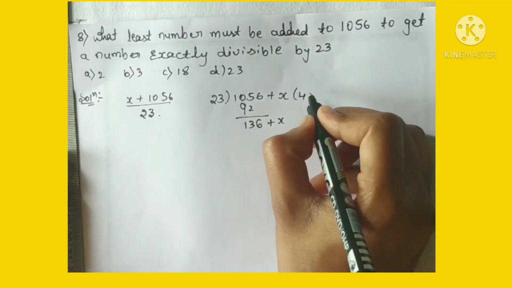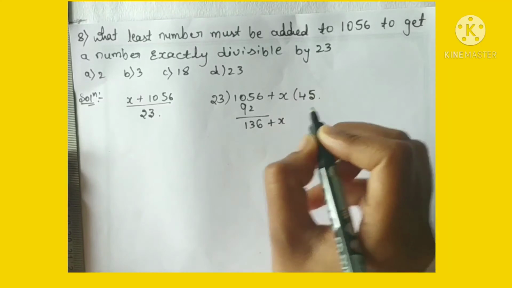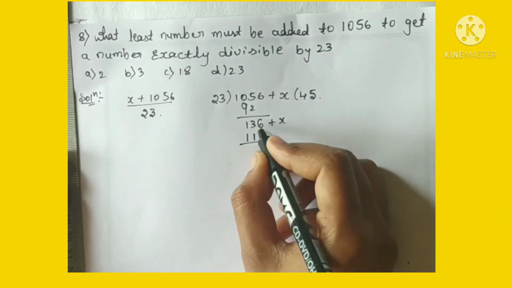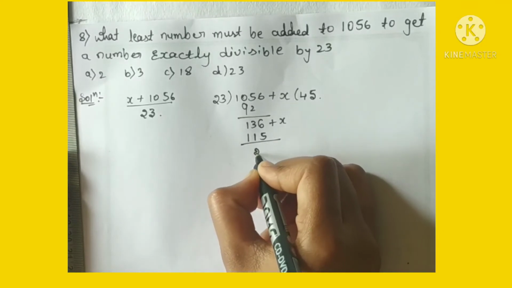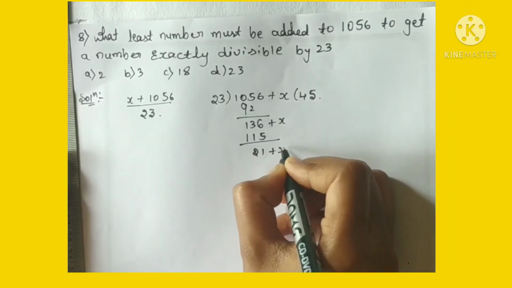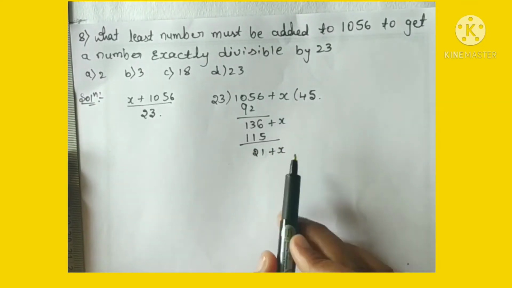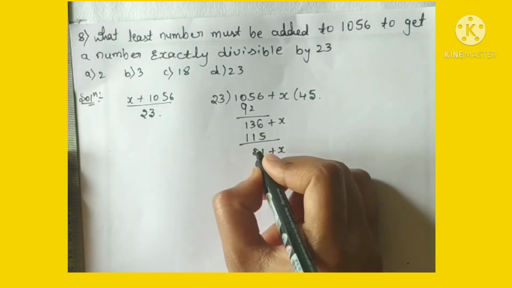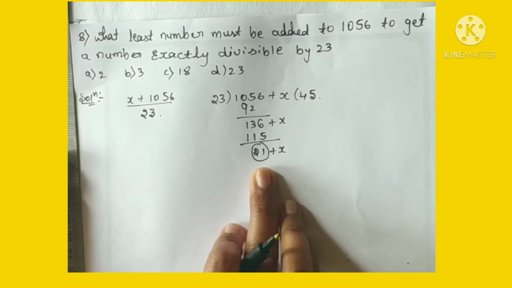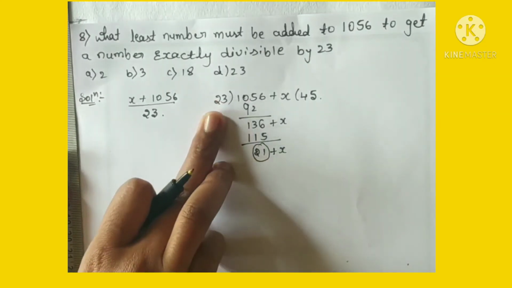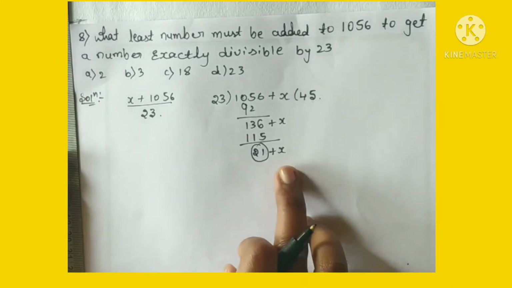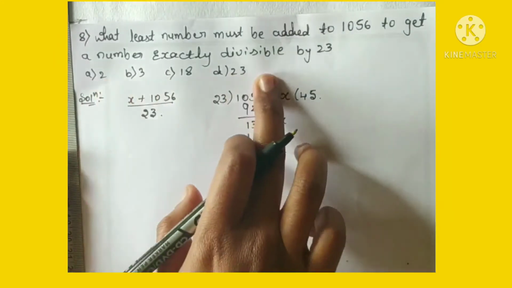Then 23 into 136, 5 times is 115. So here the remainder is 21 plus x. Here we cannot proceed further because the remainder is smaller than the divisor. So now I just put the least values of x by looking at these options.